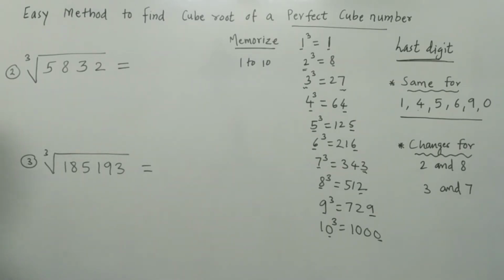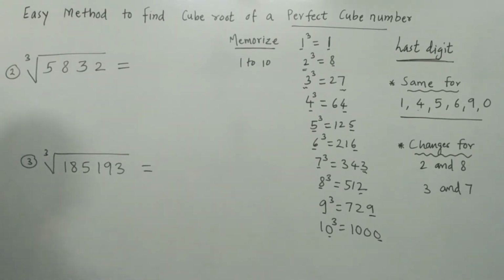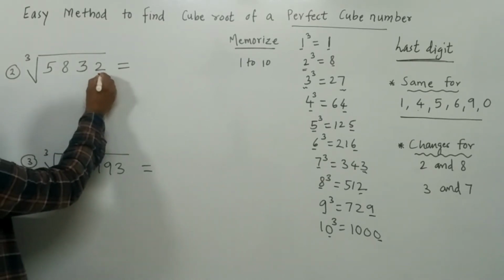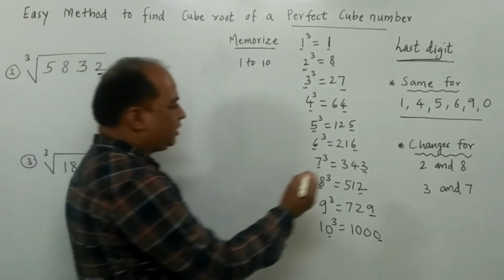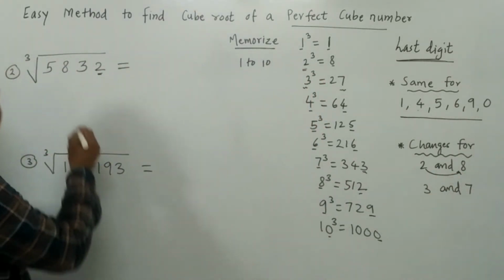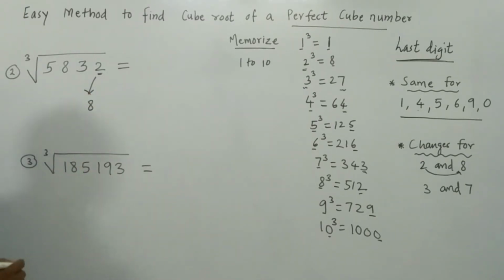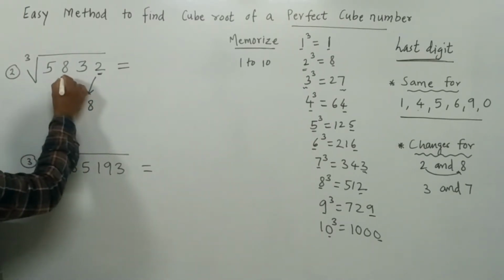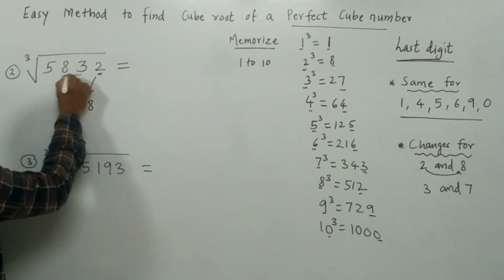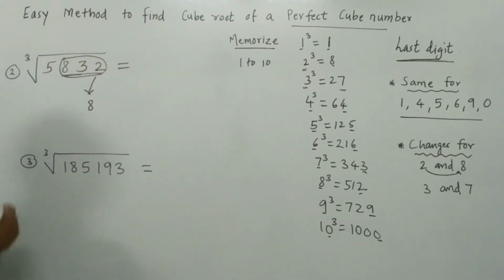Second example, cube root of 5832. The first step is to check the last digit. The last digit is 2, and 2 changes to 8. So the unit place will be 8. Now ignore the last 3 digits of the perfect cube number and consider the remaining digits.